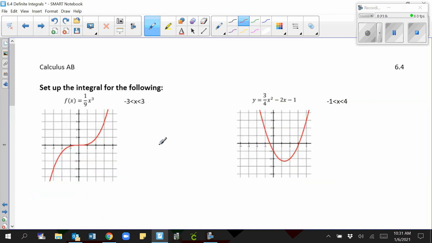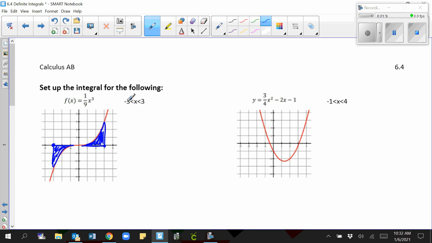Now we are going to look at some graphs, and we are going to set up the integrals. So we're going to get some practice writing our integrals. So we've got our f of x right here, and we want to go from -3 right here to a +3 right here. So that's going to be this area right here, and then this area right here that we're trying to find.